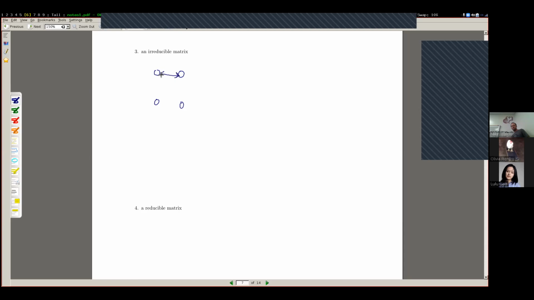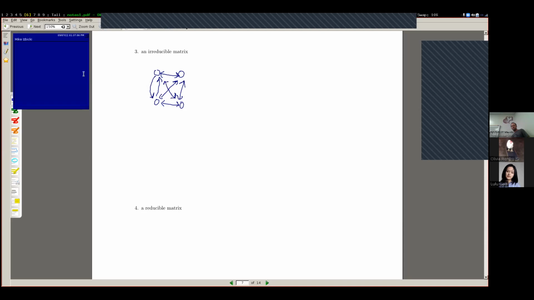I'm going to draw them all with just double-headed arrows. So I'm going to draw the complete graph as our first little example here, the complete graph on these 4 nodes. Complete meaning every node has an edge to every other node.